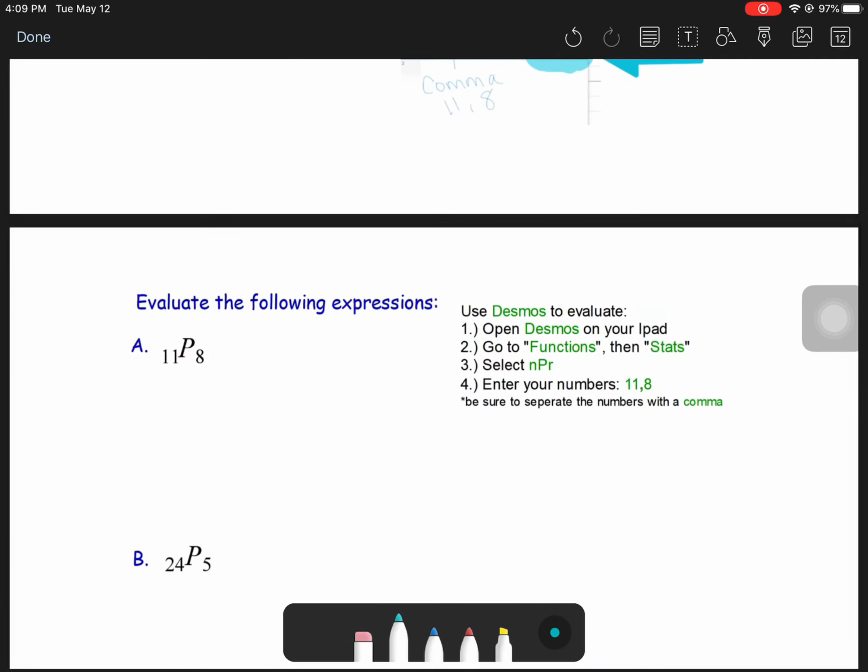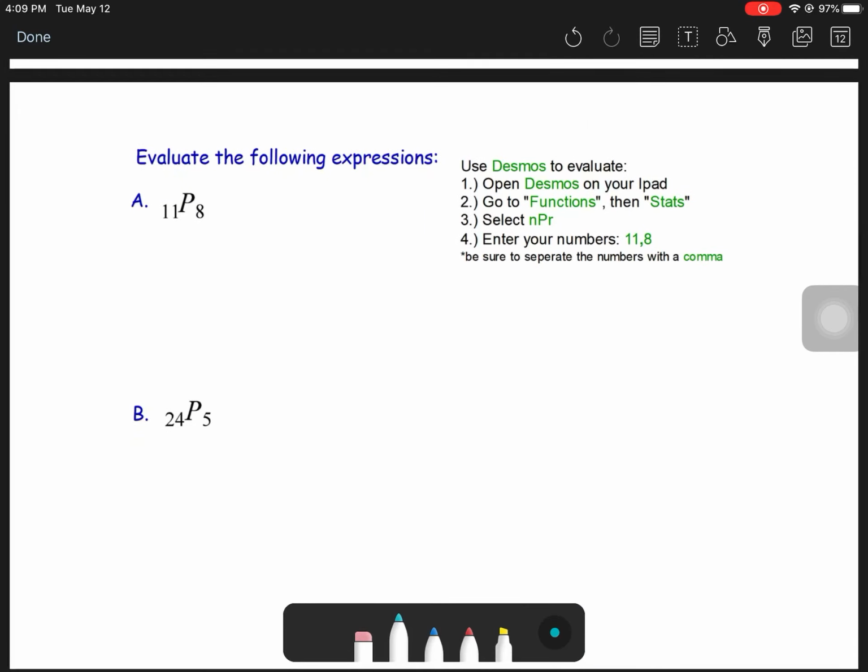So let's start with practicing permutations on our iPad. So again, you're going to go to Desmos, go to functions, and then statistics. You're going to select nPr, and then you're going to put in your two numbers, 11, 8.